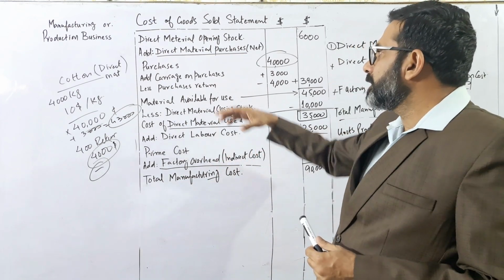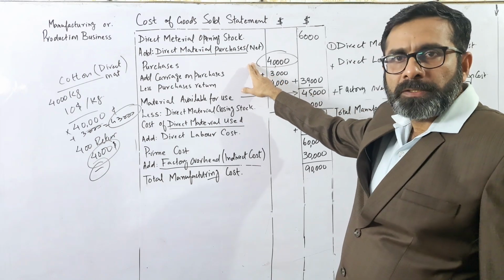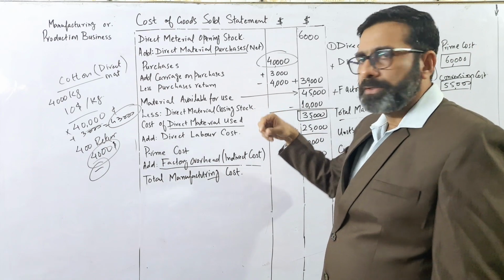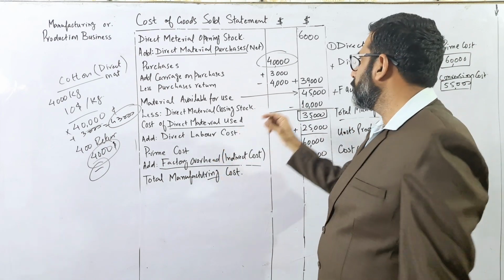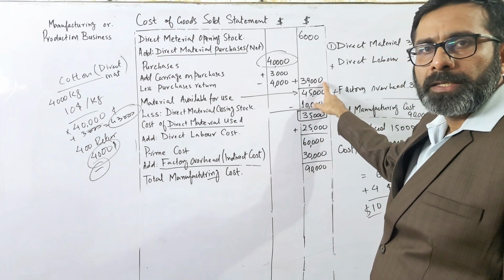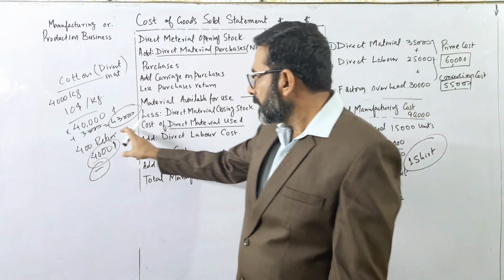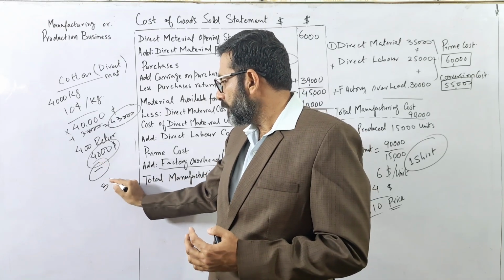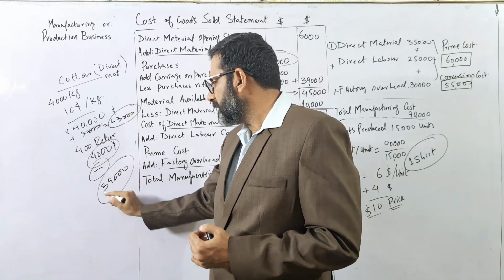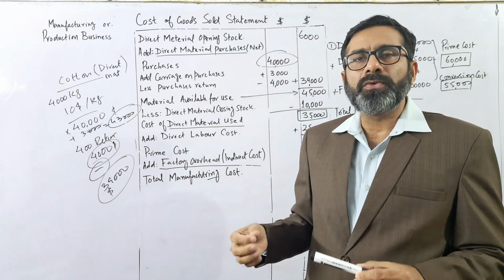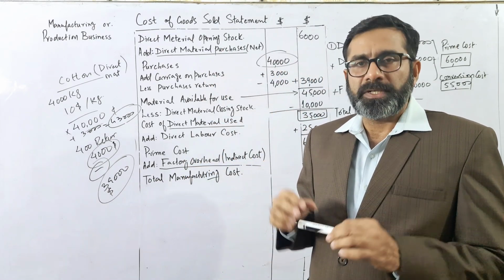So purchases is 40,000, 3,000 is for the transport, and 4,000 value they have returned. So the net purchase is how much? That is 39,000. It means 43 is the cost minus 4,000. So the value of the net purchases is $39,000. This is how we calculate the value of the net purchases.